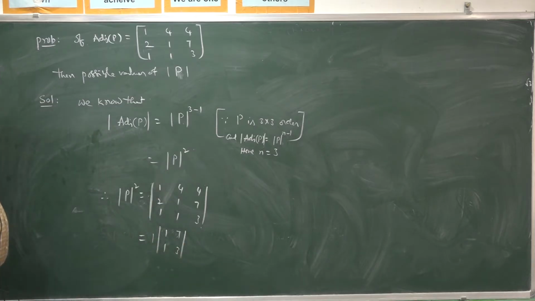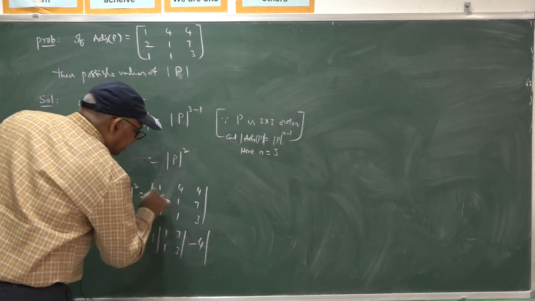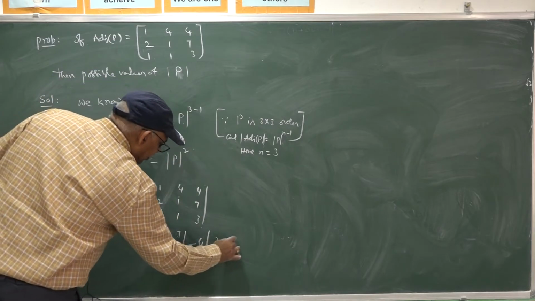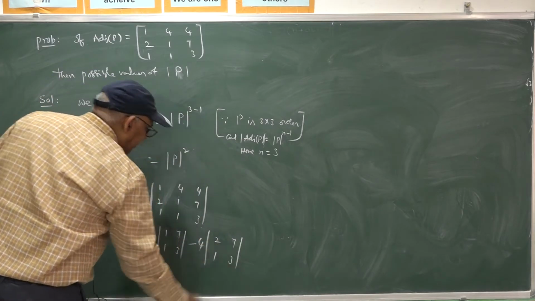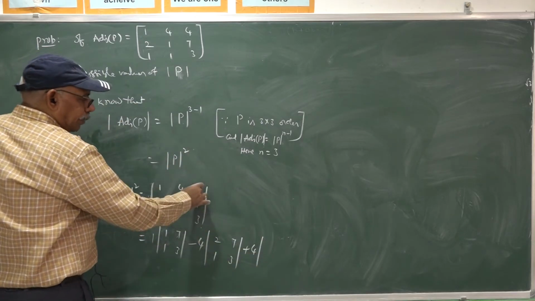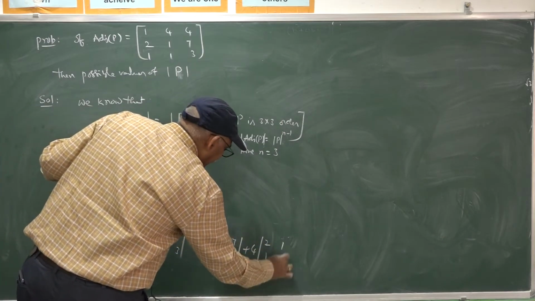Similarly, minus 4 into, eliminating the first row and second column, the remaining determinant 2 7, 1 3. Plus 4 into, eliminating the first row and third column, the remaining determinant 2 1, 1 1.